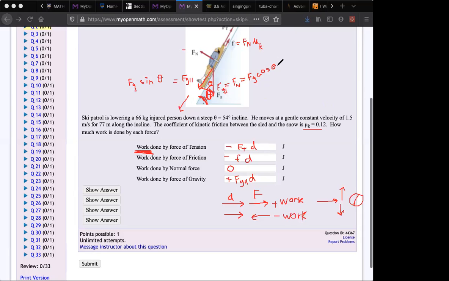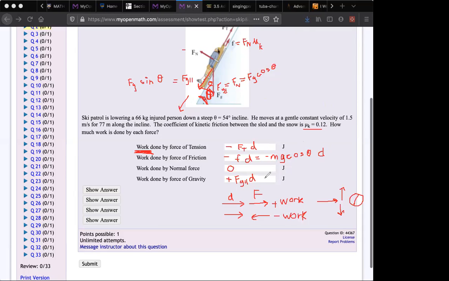Force gravity cosine theta. Now, of course, both of these having a force gravity in them, remember that force of gravity is m times g. So this one ends up being negative m times g, for force gravity, times cosine theta, times d.